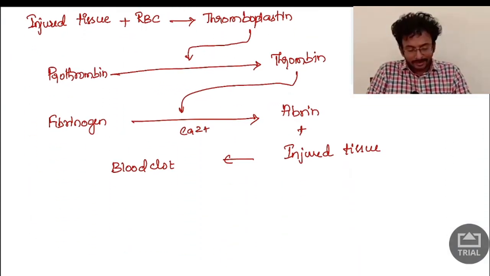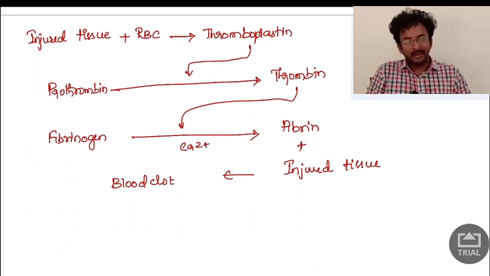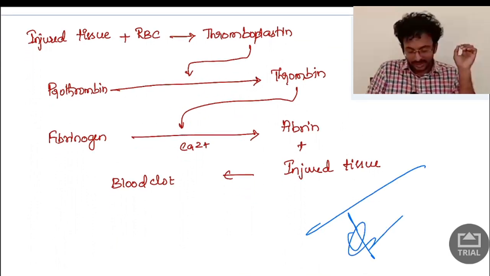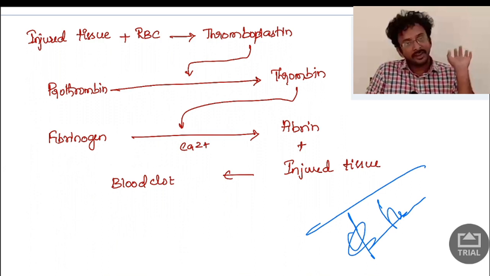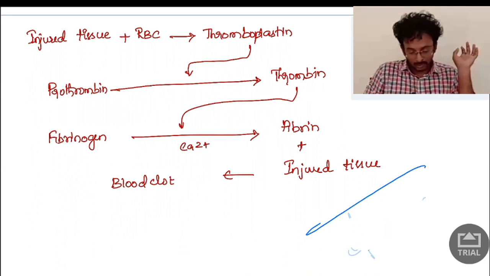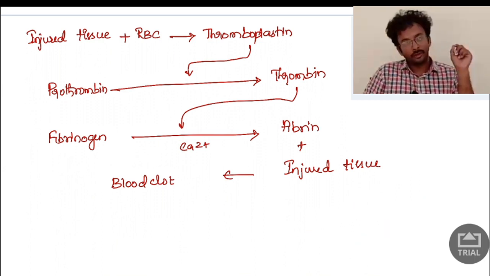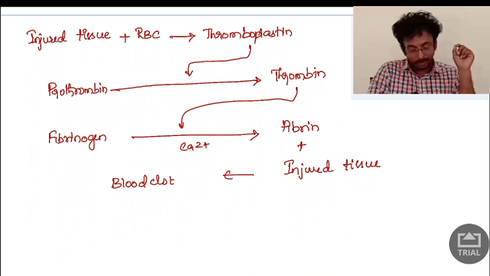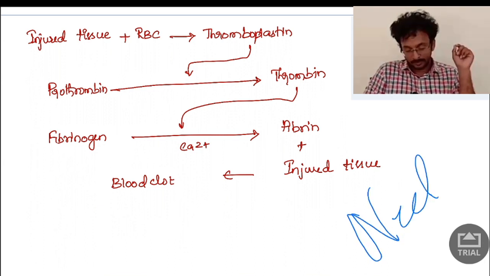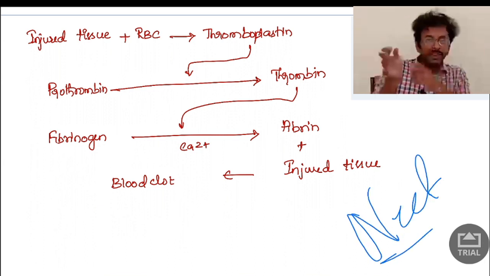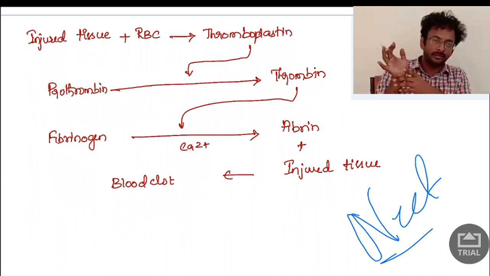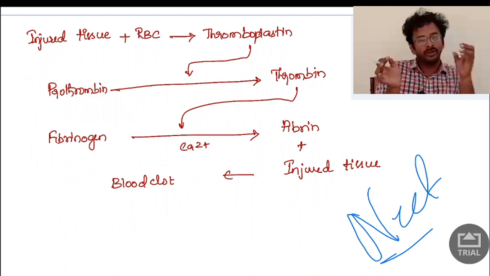Now, the mechanism of blood clot. It's a very important question, surely for NEET and NCERT. Now coming to the topic, this is very important for NEET. When there is a puncture in the skin or injured tissue, RBC comes out.